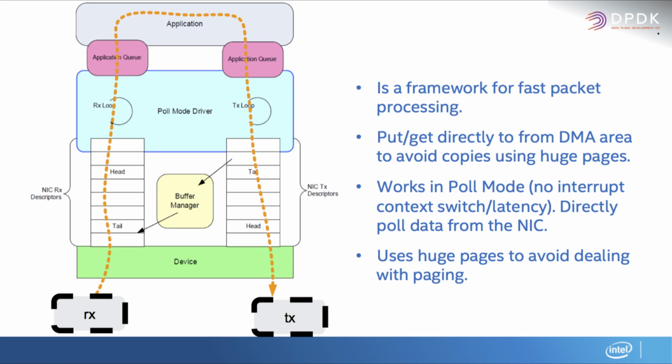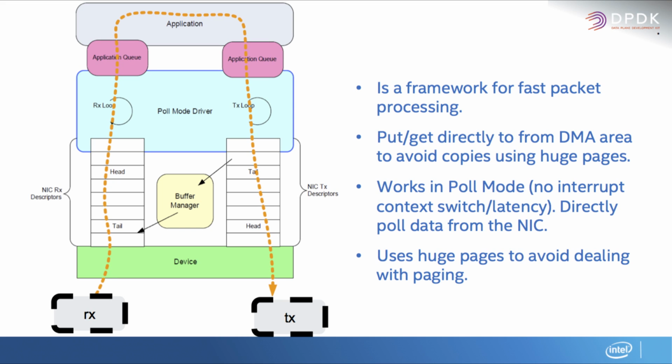So it's polling on the control registers at a very fast rate, and the packets are read directly from the NIC. You would say that polling consumes a lot of CPU, but if you have a packet rate of tens of gigabits per second, it is much more efficient than waiting to get an interrupt.